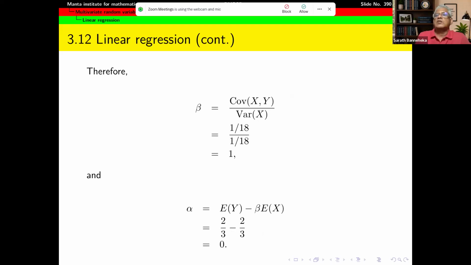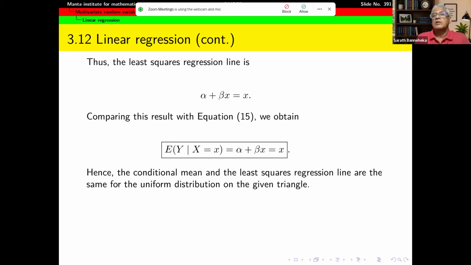So we saw that expected value of y given x is equal to x. The least squares regression line is also x. So therefore, they are the same, right?